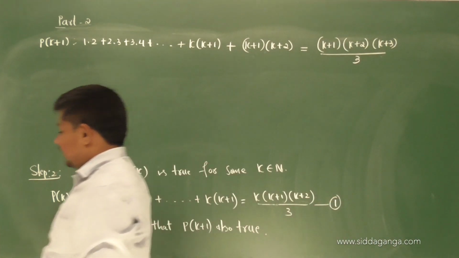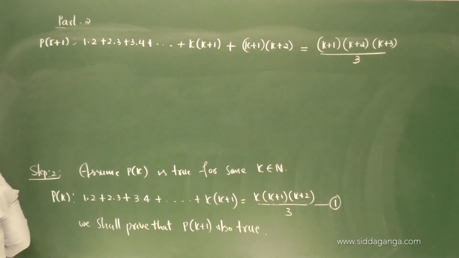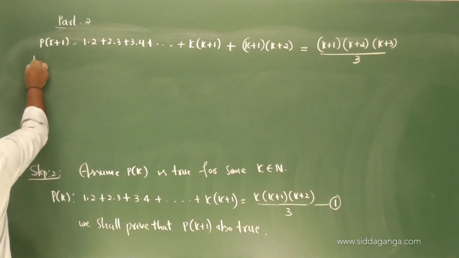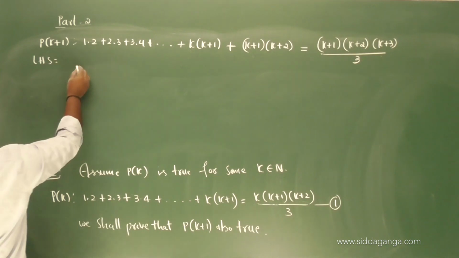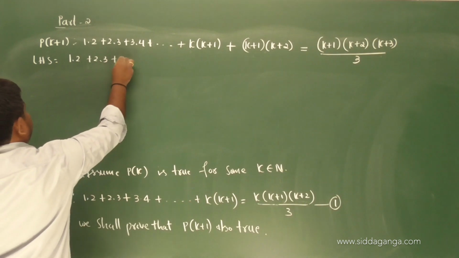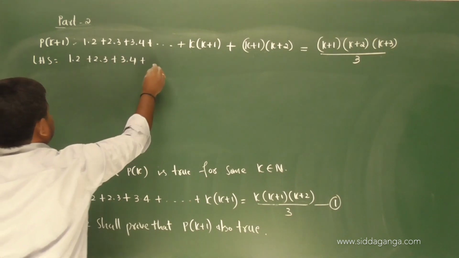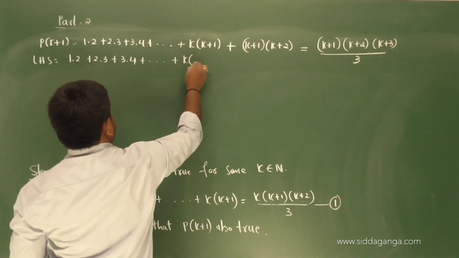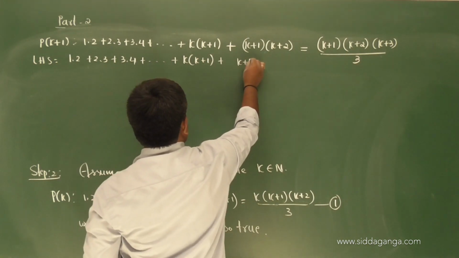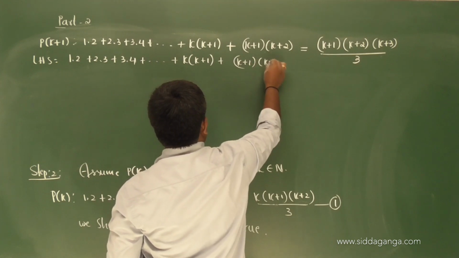By taking LHS, let me prove RHS, that's it. Okay, right. LHS is what? 1 into 2 plus 2 into 3 plus 3 into 4 plus k into k plus 1 plus k plus 1 into k plus 2.